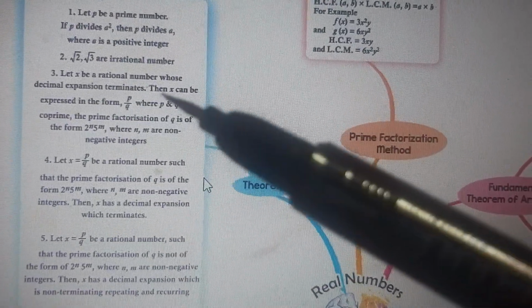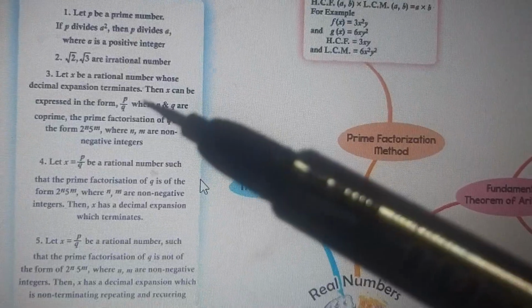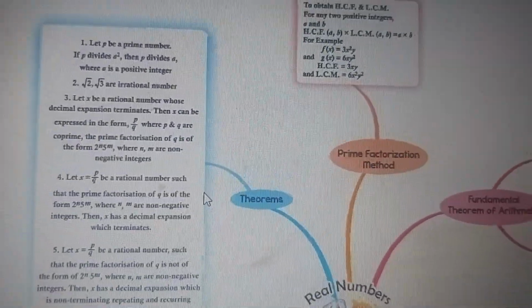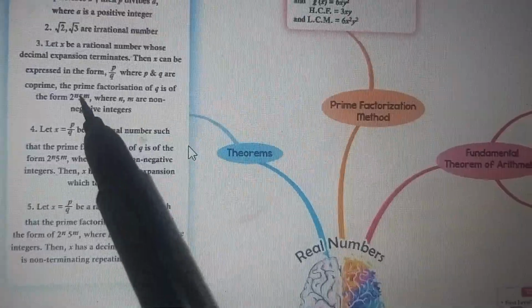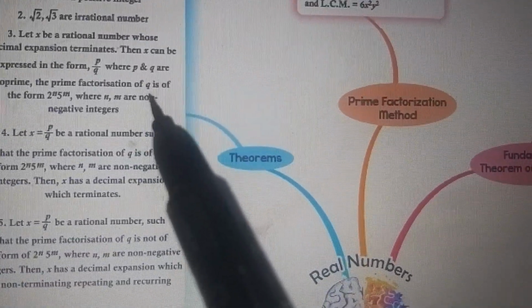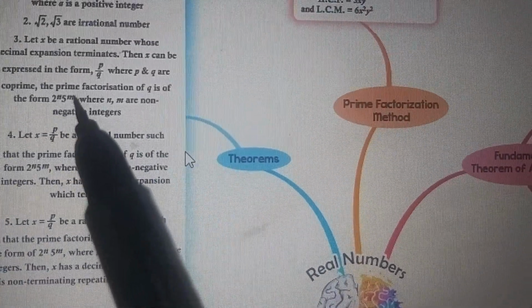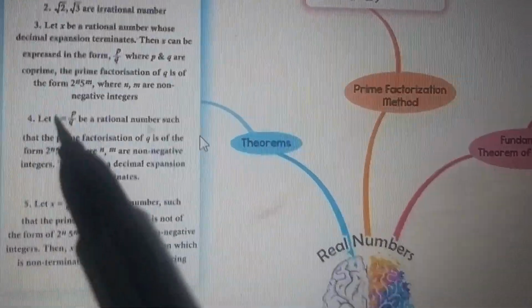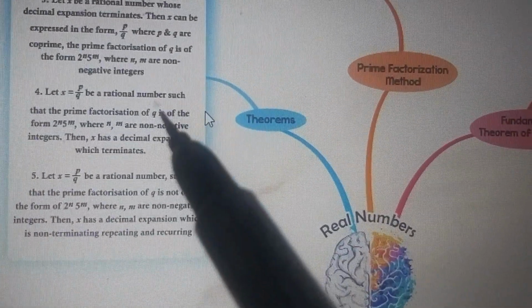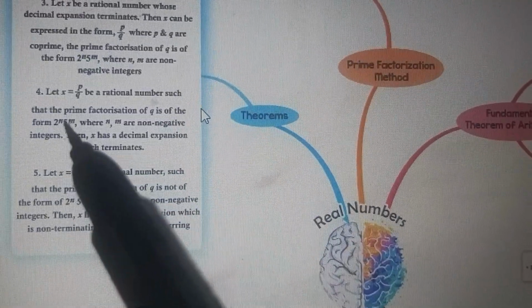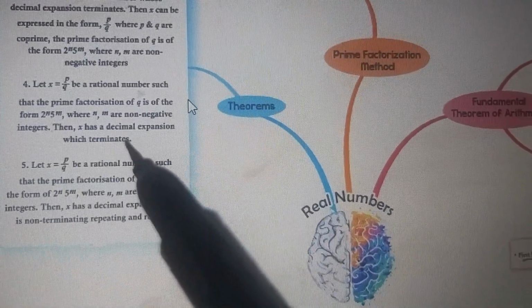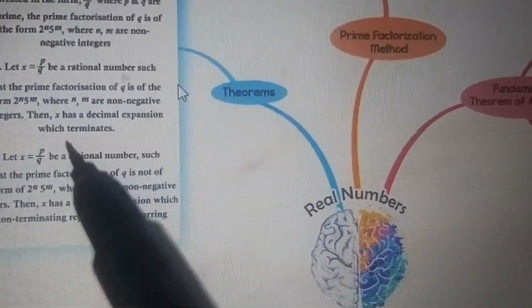Let x be a rational number whose decimal expansion terminates, then x can be expressed in the form p by q, where the prime factorization of q is of the form 2 power n and 5 power m. Then x equal to p by q is a rational number such that the prime factorization of q is 2 power n 5 power m, and x has a decimal expansion which terminates.